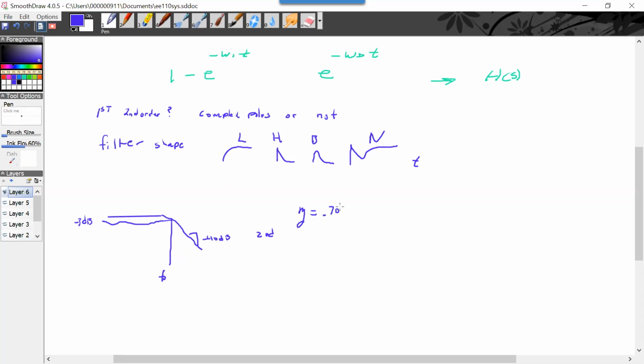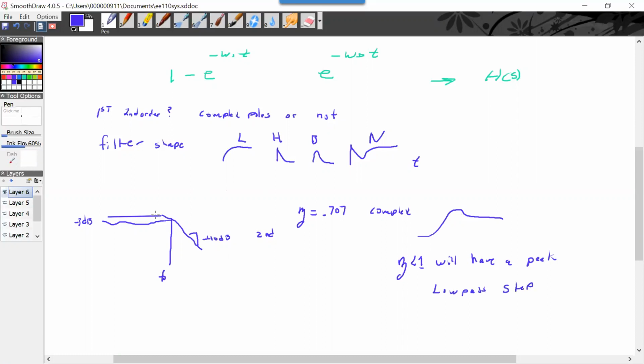But this is minus 3 dB second order. The damping coefficient is 0.707. It's complex, and that means you will see some ringing. So just because there's no peak here doesn't mean you won't have ringing there. Any zeta less than 1 will have a peak, okay? And this is low pass step.